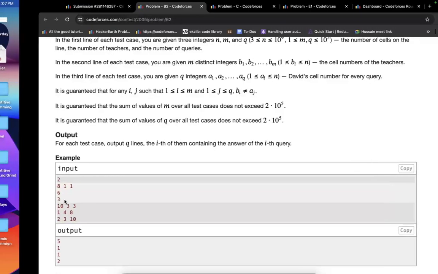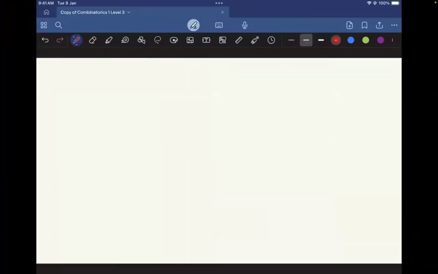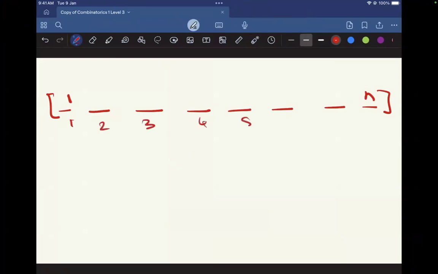Okay. So let's discuss the problem. What does the problem say, guys? You are given a 1 to n number line. It starts at 1 and it ends at n. Let's say 1, 2, 3, 4, 5, 6, 7, 8.